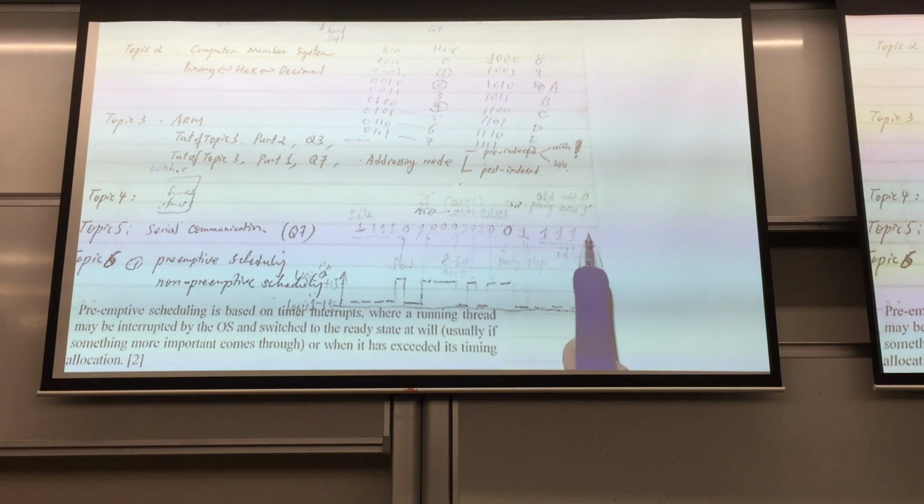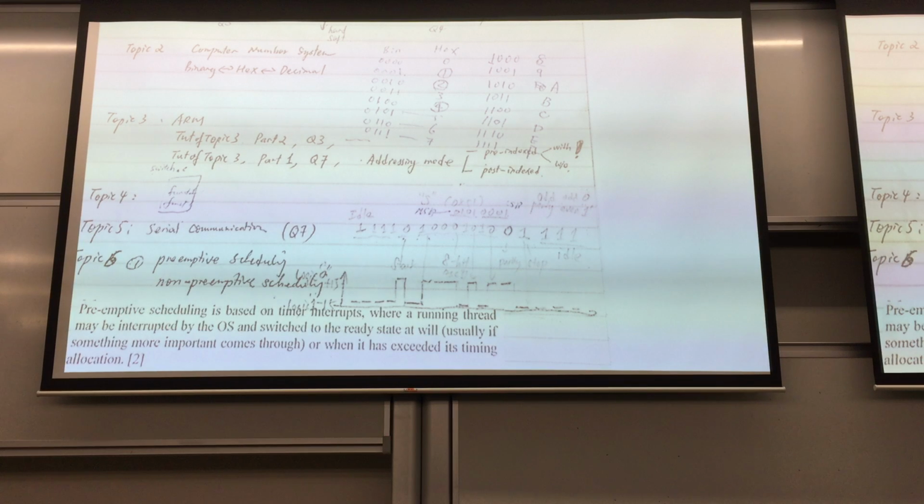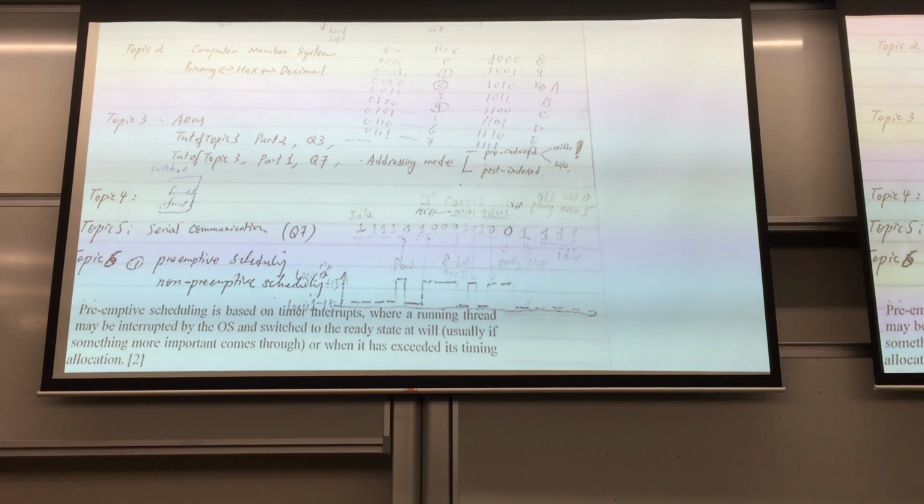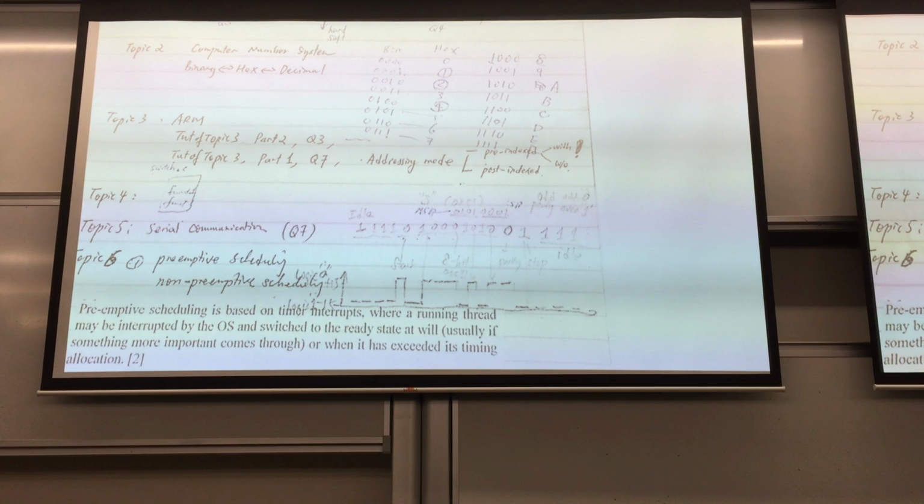And these 1, 1, 1, 1, etc. is idle. It means we wait for the receiver to be ready to receive from external devices. And this is the logic value, okay? Logic 1 or 0.